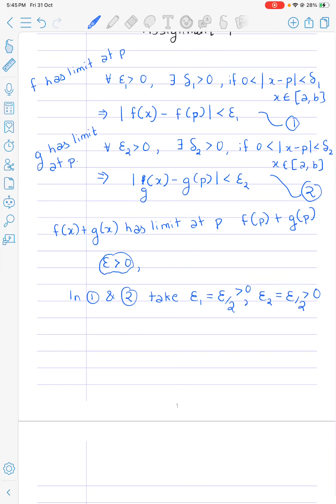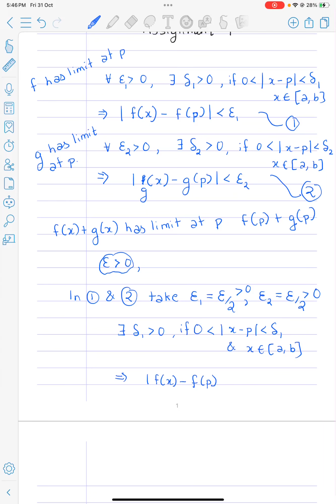So this one will reduce to: there exists a delta 1 greater than 0, such that if 0 < |x minus p| < delta 1 and x belongs to (a, b), then |f(x) minus f(p)| will be less than epsilon by 2.